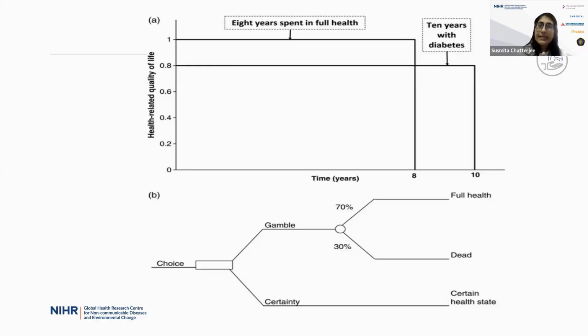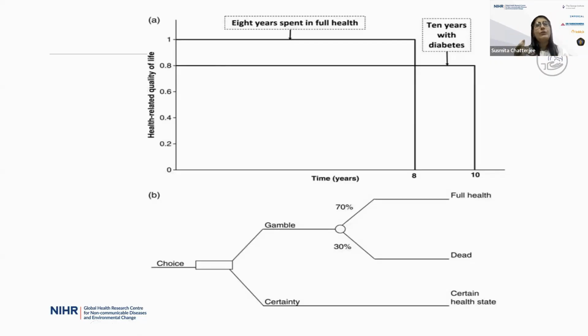I want to live 8 years in full health as compared to 10 years with diabetes. I don't want to live 10 years with diabetes. This is one person's response. And here, the utility value is crossing at 10. So it is 0.8, because 8 years, actually 8 divided by 10, is the formula.